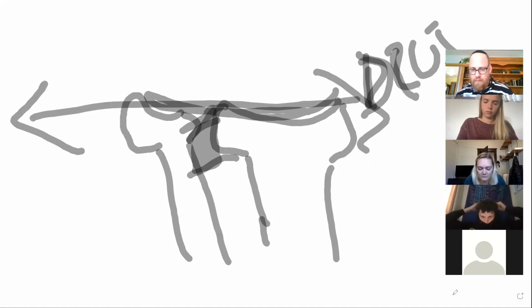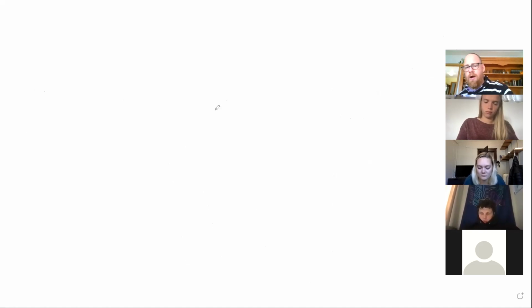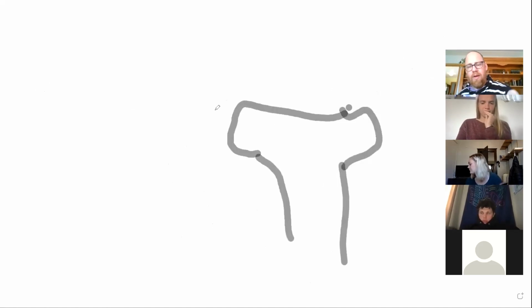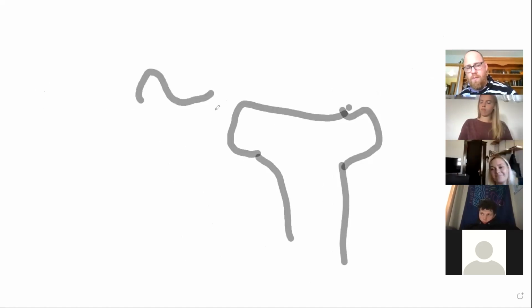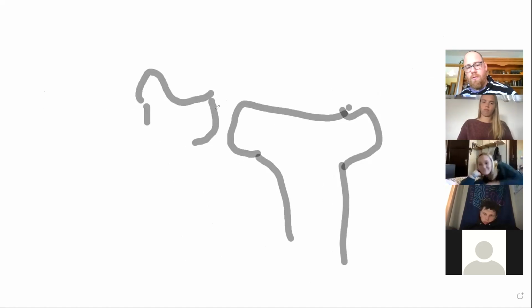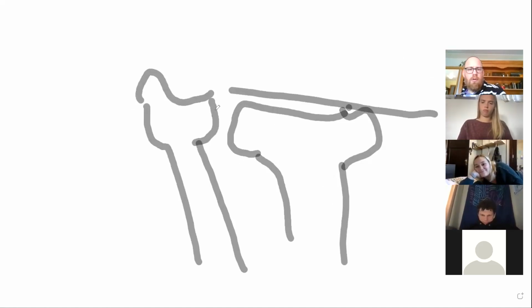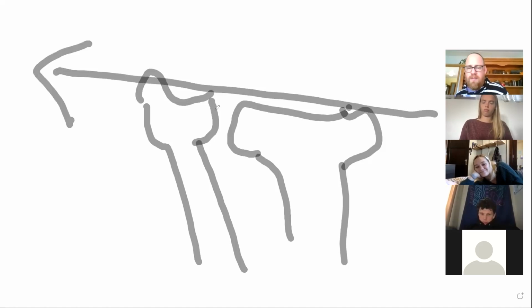Radius. But now I've got my ulna, and here it's definitely not level. So my ulna exceeds the height of my radius and surpasses it.